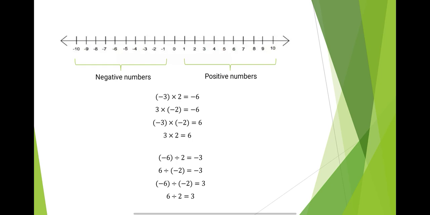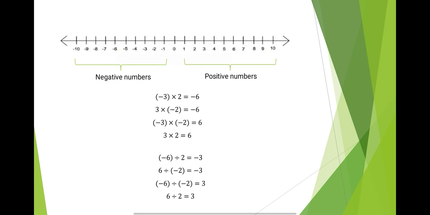Negative numbers we can usually encounter in addition, subtraction, multiplication, and division between negative numbers, right? Below, I'll show you a few different types of multiplication and division in negative numbers.